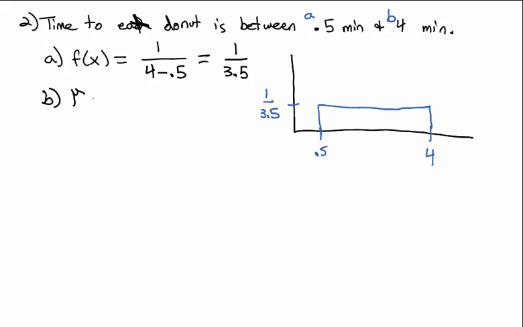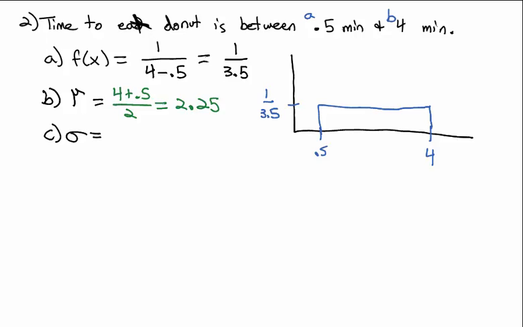So the average, the mean, is just going to be the average of the extremes. 4 plus 0.5 divided by 2. And on the calculator, 4.5 divided by 2 is 2.25. So the average donut is eaten in 2.25 minutes.